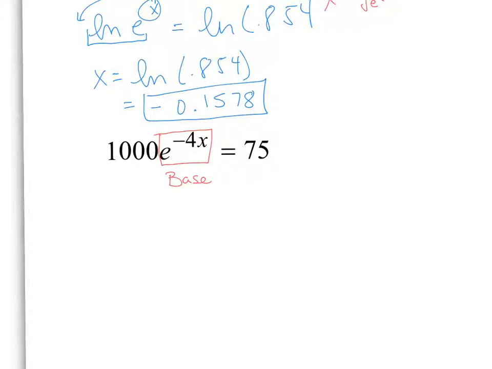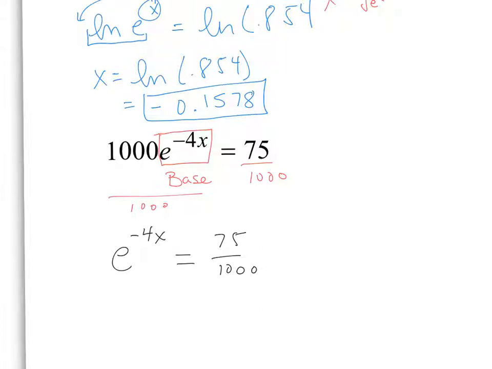And we'll simplify if we do this first. So the first thing I'm going to want to do is take both of those and divide by 1,000. When I do that, you're left with e^(-4x) is equal to 75 over 1,000. I want to simplify that.